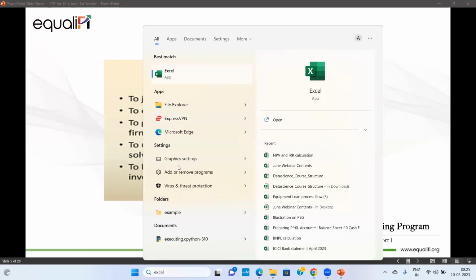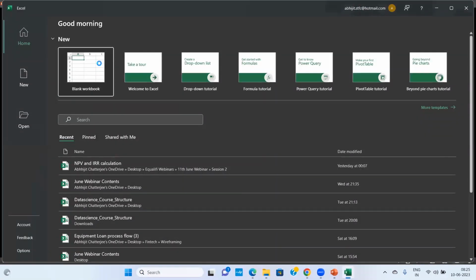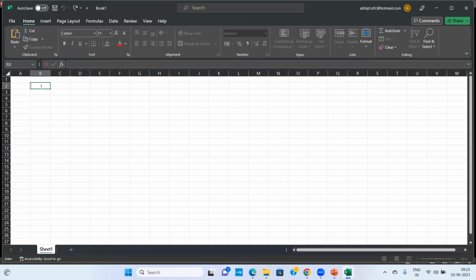So there is something called my GST, then my financial, and then it's banking.